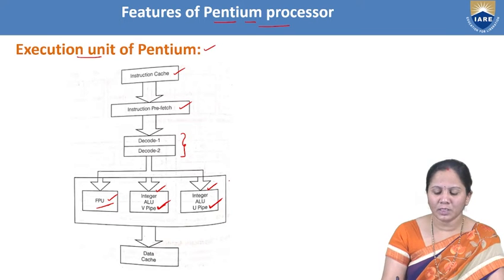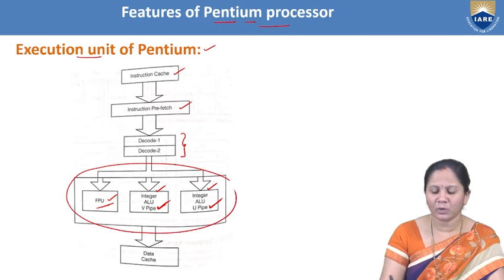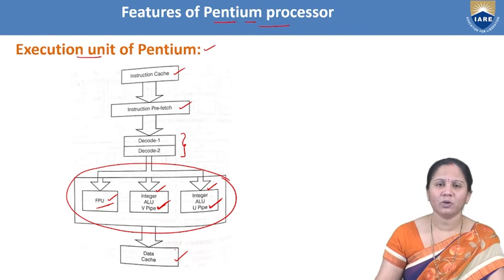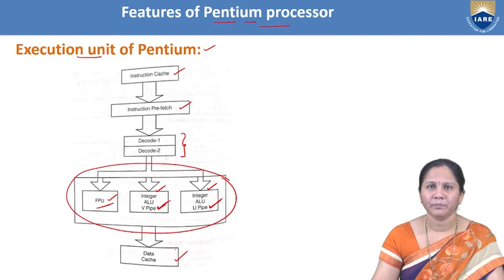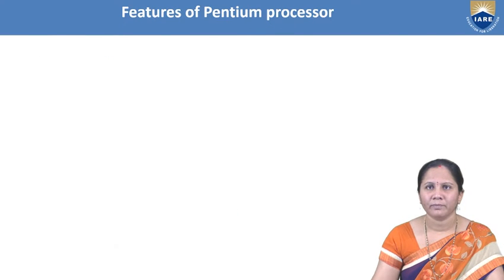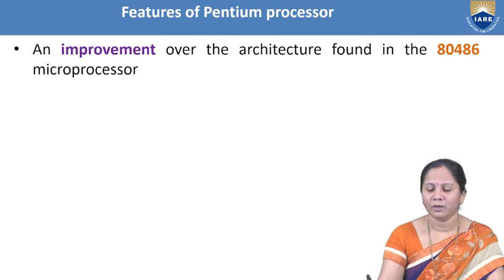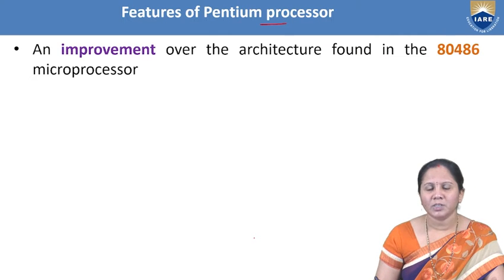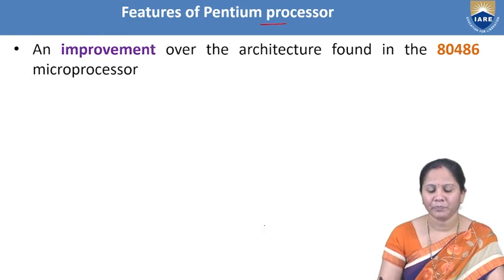So this is the execution unit advancement compared to the previous processors. All these things will be stored in the data cache, which is called cache memory. Those are the architectural advancements made in the Pentium processor compared to the previous processors.